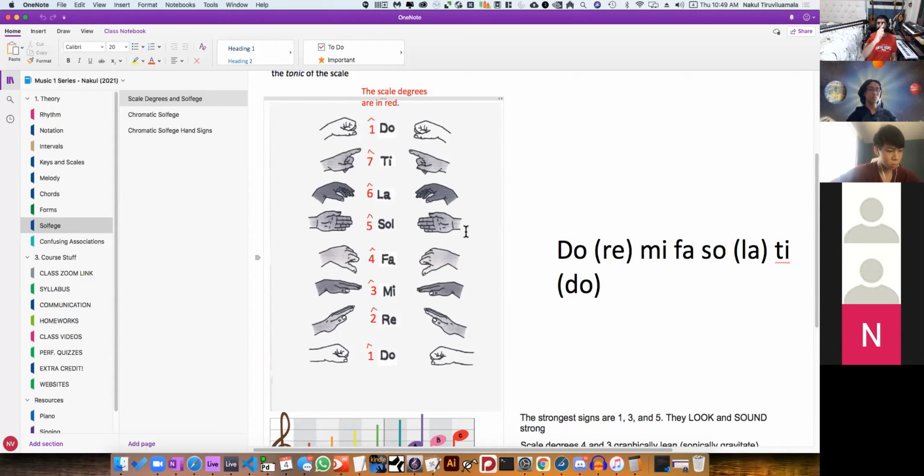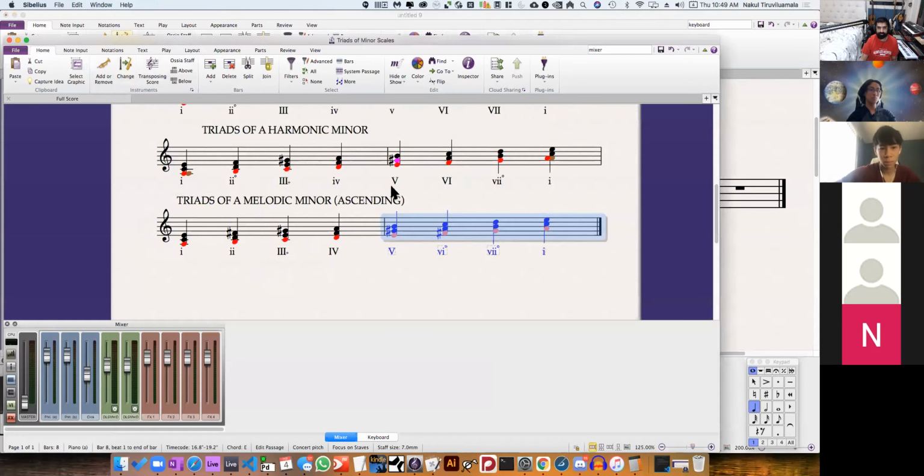Ti, what about ti? What is ti doing? What is my index finger of ti doing? Ti is pointing up to do. Now ti right here, what have we spent so much time talking about today, to your great delight?